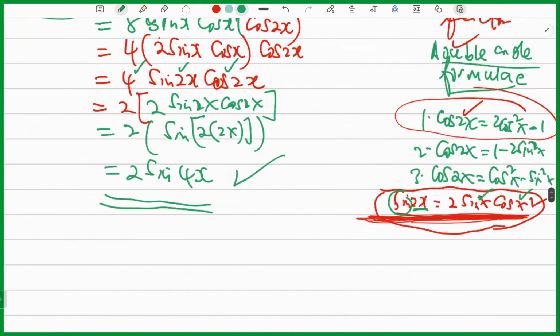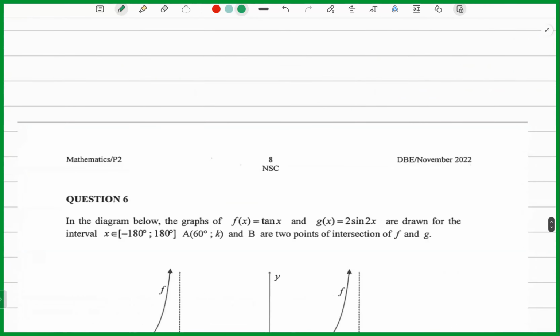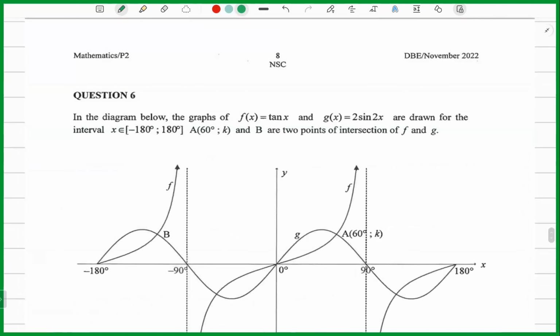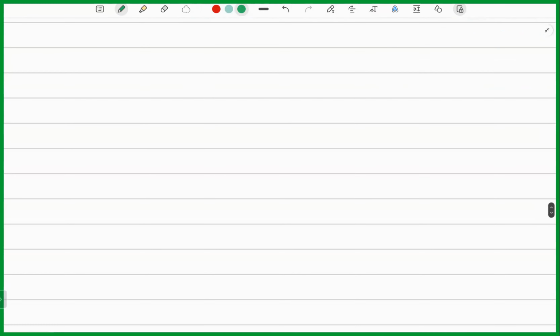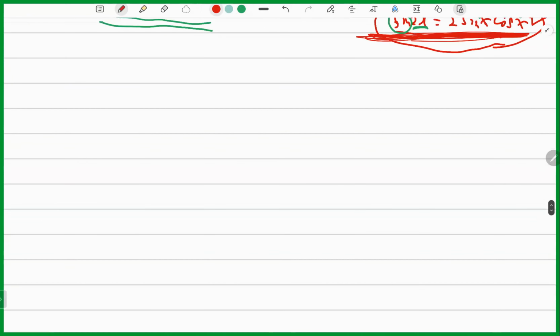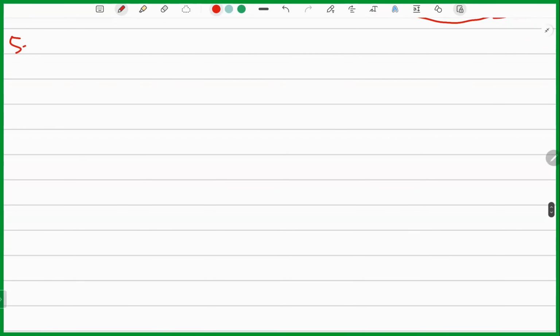So that is 16 sine x cosine cubed x minus 16 sine cubed x cosine x.